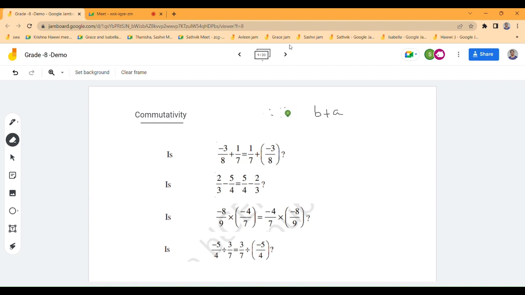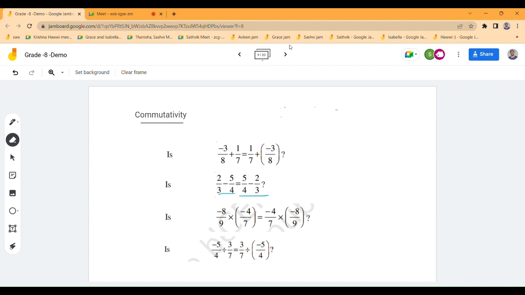Both sides will get the same answer. What about the second one? No, ma'am, we'll get a negative number on the right side, whereas the left side will get a positive number. So they get different answers. So commutativity does not hold under subtraction.